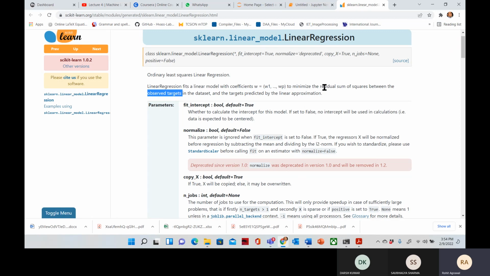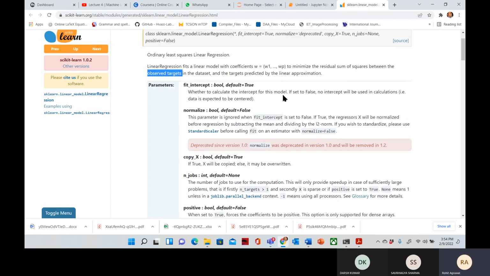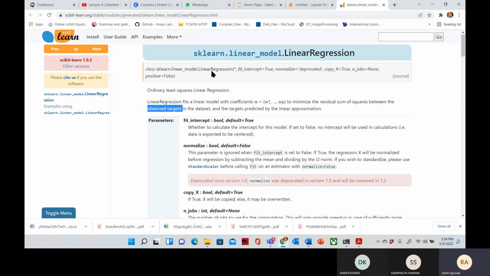So the residual sum of squares: residual means the difference, and sum of squares I already told you. We just do the square of the errors and sum them. So our goal is to minimize them. The mathematics I will show you in the class. And this is the Python library that will automatically do all these things. So now it is clear why we are using this library.